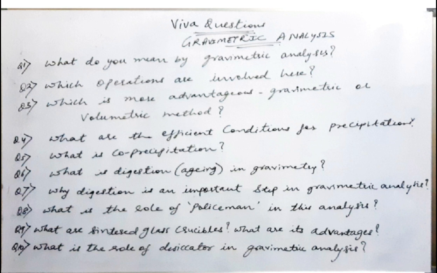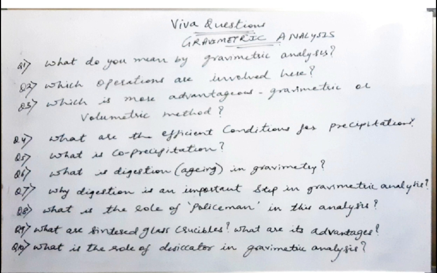When I say G4, G is the kind of glass which is used, and the number 4 is the grain size of the fritted glass plate which is fitted in the bottom of the glass crucible. So G4 crucibles are found to be better for filtration of very fine precipitates.